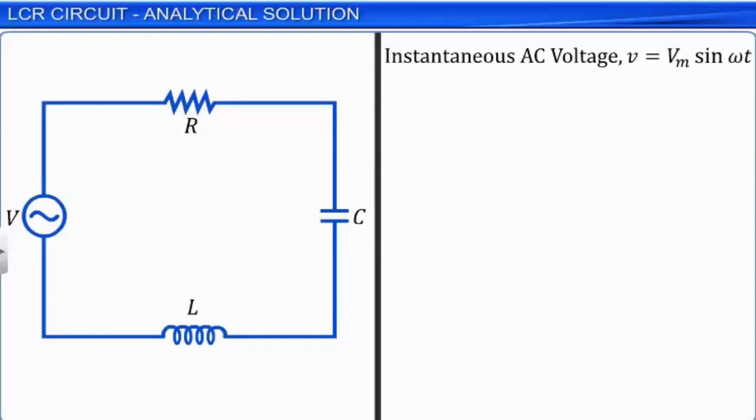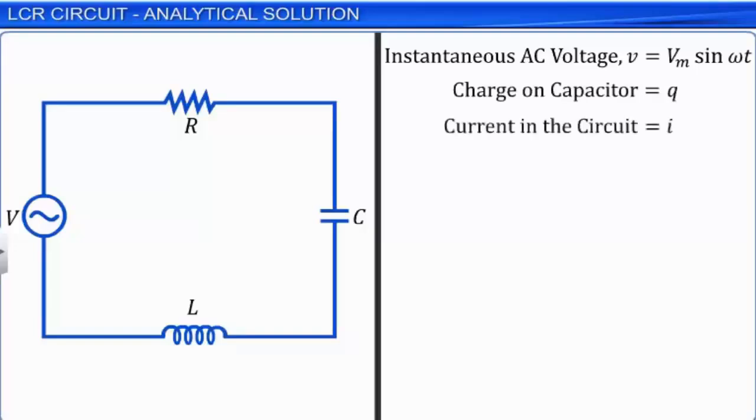Here, AC voltage V is the instantaneous voltage existing in the circuit. At any instant of time, the charge on the capacitor is Q. The current in the circuit is I, and dI by dt represents the rate of change of current in the circuit.